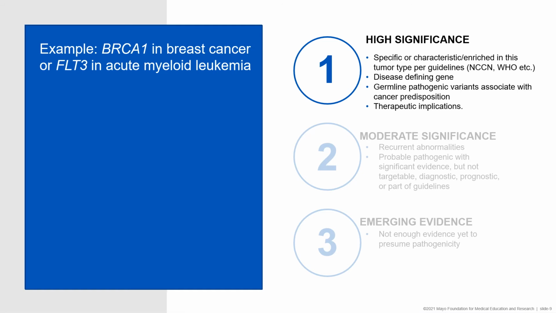These are genes that harbor germline pathogenic variants that are associated with clear cancer predisposition, and these are genes that are actionable or therapeutically relevant. Some examples might be BRCA1 in breast cancer or FLT3 in acute myeloid leukemia, where these are prevalent in guidelines. BRCA1 obviously has germline implications, and these also have therapeutic implications.